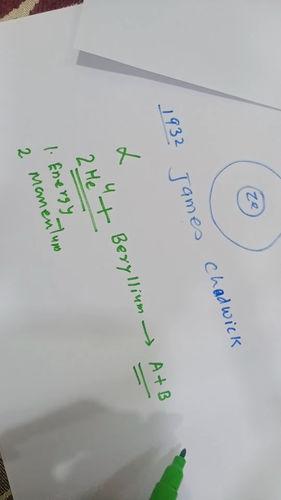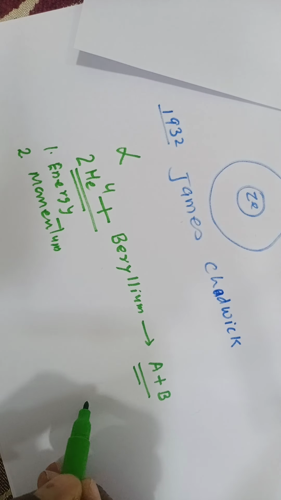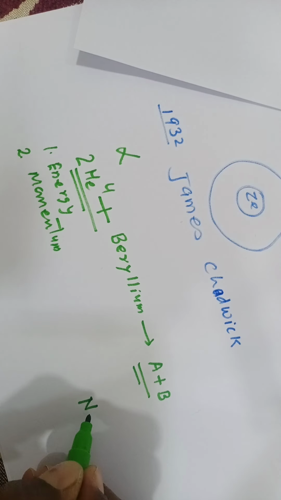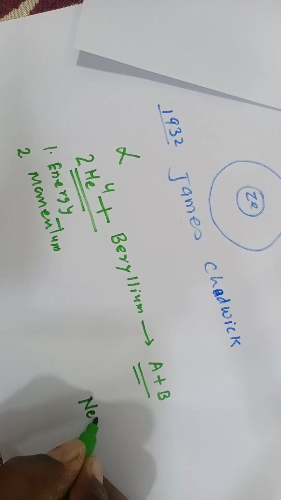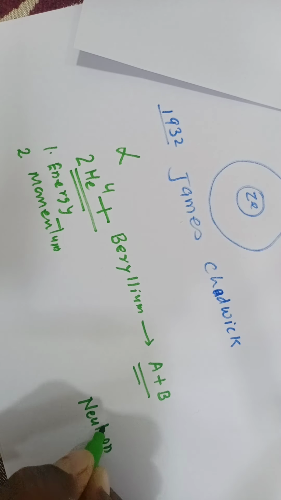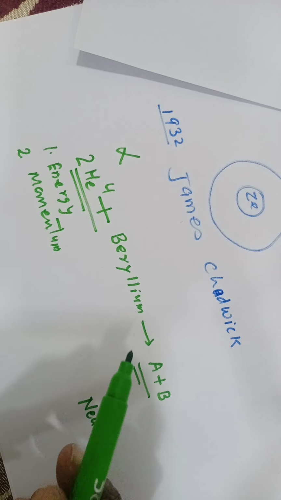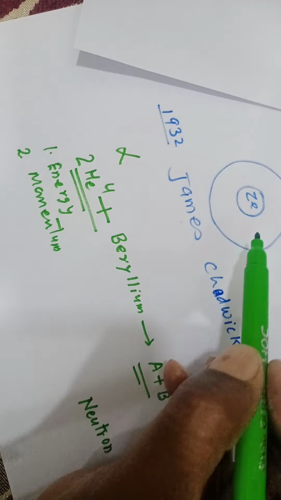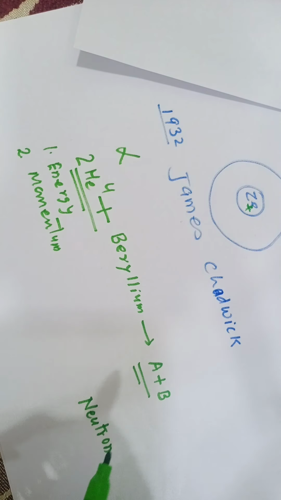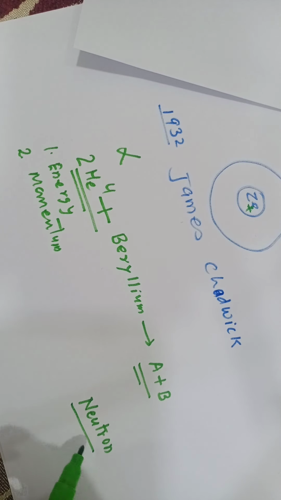That radiation was neutral in character, and from there they concluded that apart from the alpha particle or proton, or positive thing, there is something else inside the nucleus, and that is the neutron. They concluded that the neutron is found inside the nucleus.